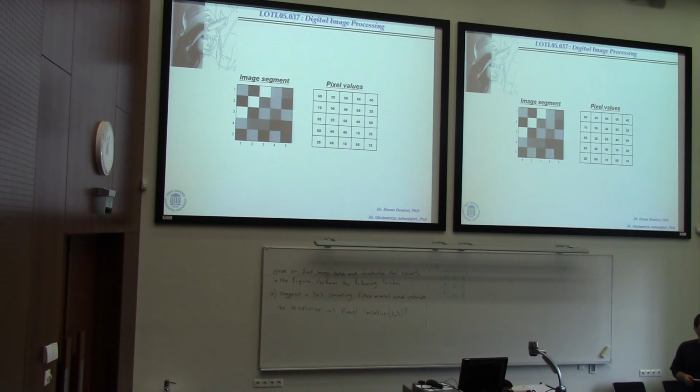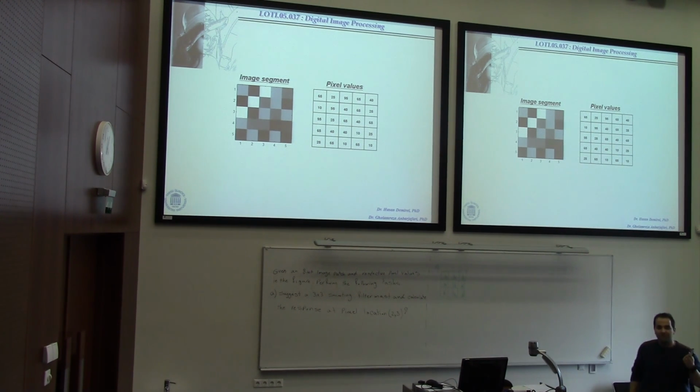You know that for convolution, we have to rotate the filter by 180 degrees, but in this case, as you can see, if we rotate the filter, we have the same filter. But when you have a filter mask that changes when you rotate it, you have to rotate it if they ask for convolution.